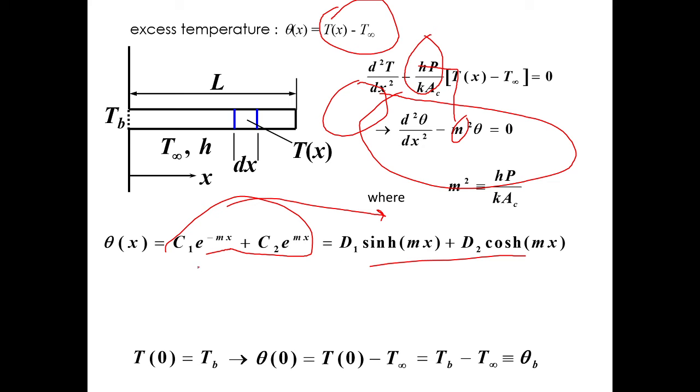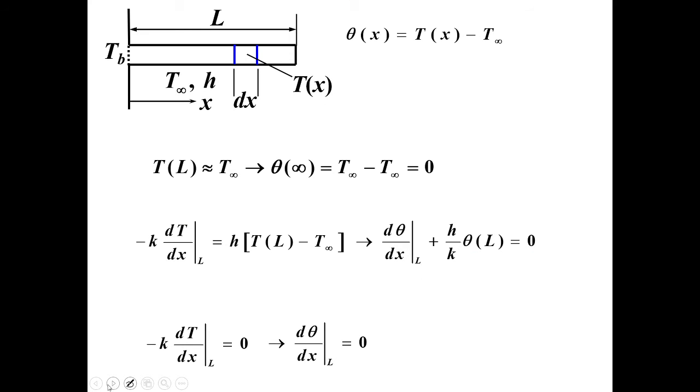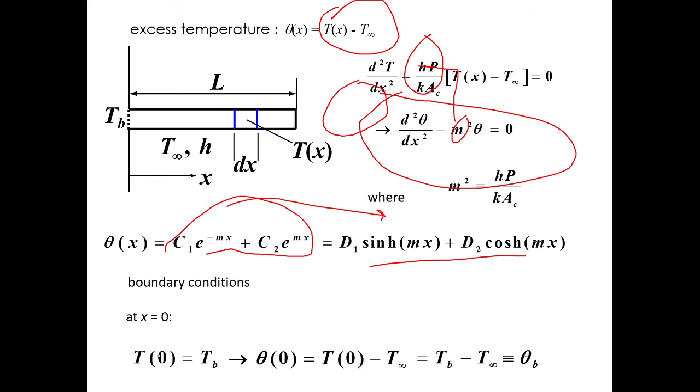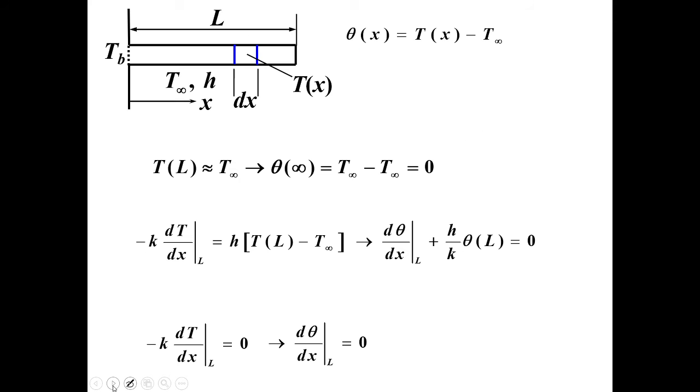Here D1, D2, C1, C2 are constants, and the boundary condition is at x equals 0, T0 equals T, so θ0 equals T0 minus T infinity. So here θ(x) equals T(x) minus T infinity.